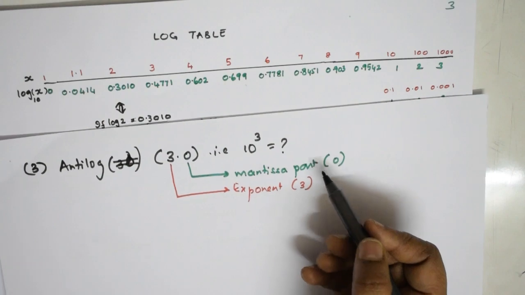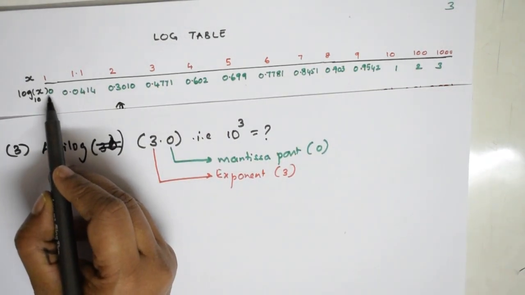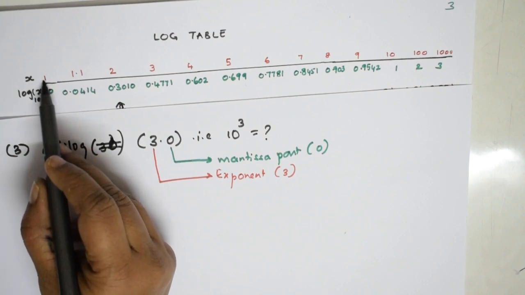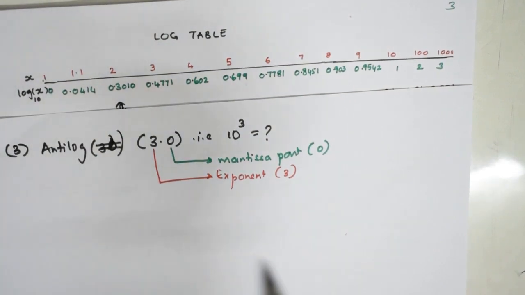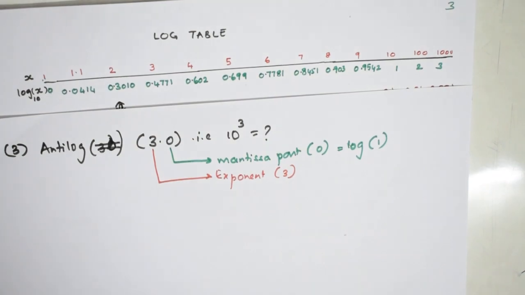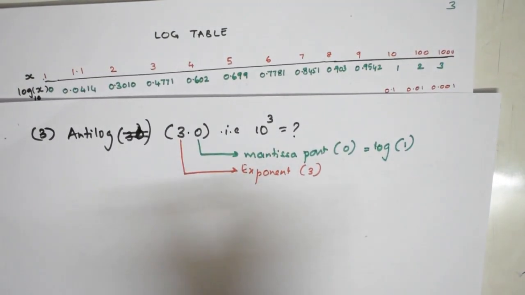So we very well know the 0 value. Where is it falling in the table? Just see here, 0 is falling somewhere here, isn't it? What is the value corresponding to that? 1. So instead of 0, I'll write 1, which is equal to log 1. This is clear, students? Now we come back to the exponent part.